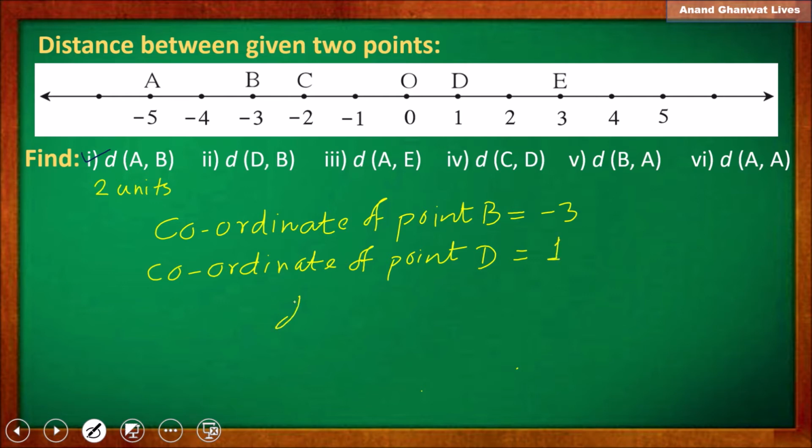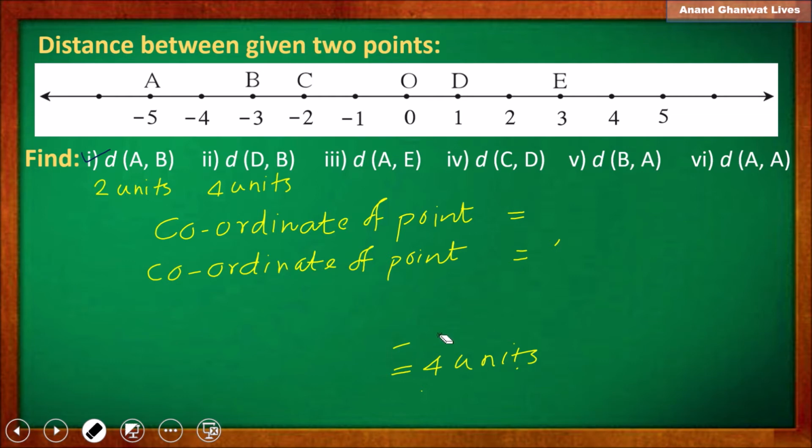So distance between point D comma B is equal to larger coordinate minus smaller coordinate: 1 minus -3, which is 1 plus 3, equal to 4 units. Therefore distance between point D comma B is 4 units.